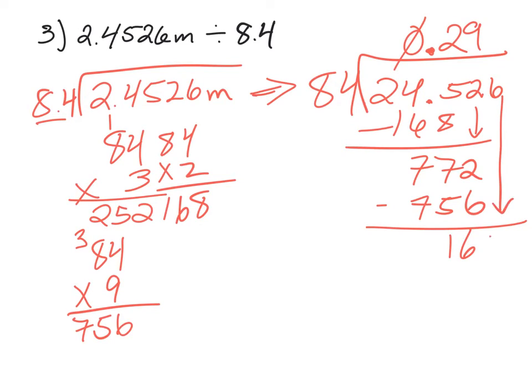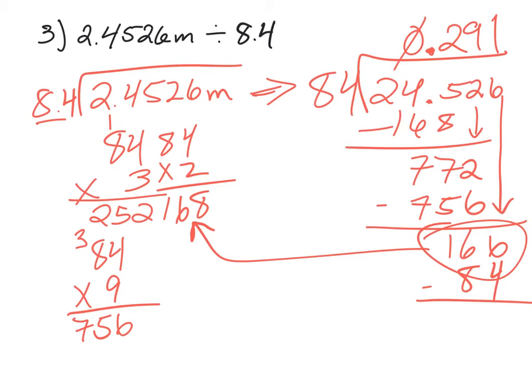Bring down a 6. You have 166. Okay, now if you compare that to this, you can see that 84 is going to go into 166 only 1 time. All right, there you go.